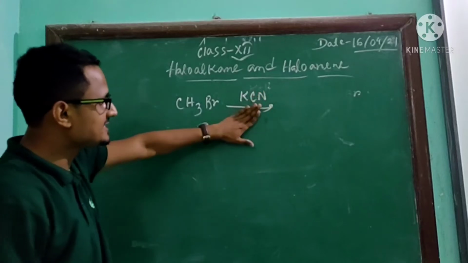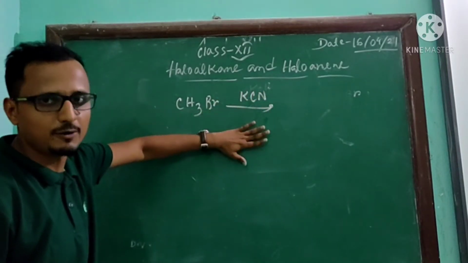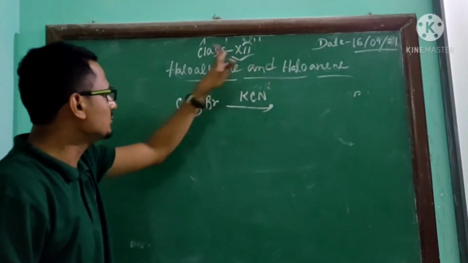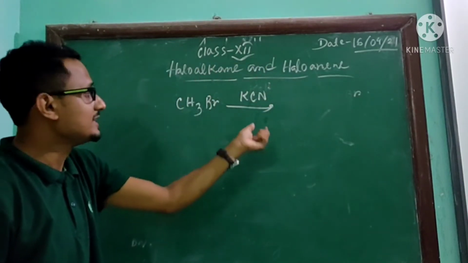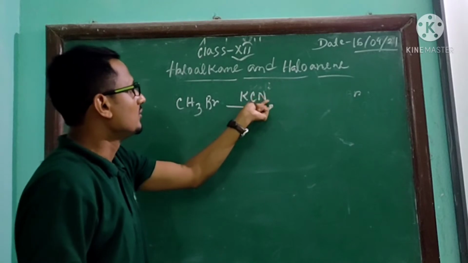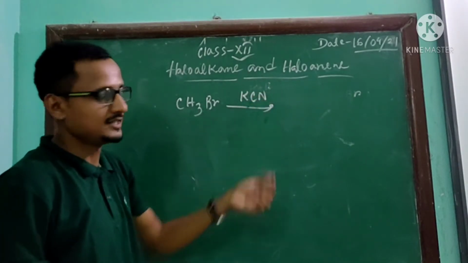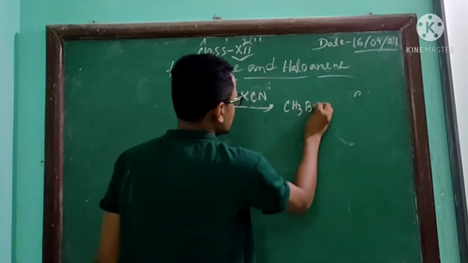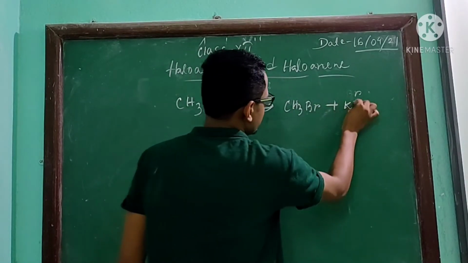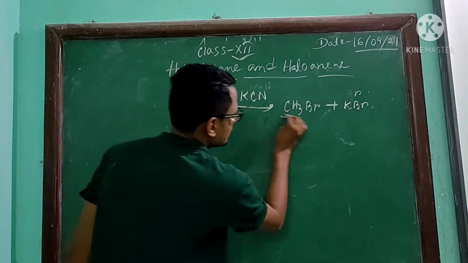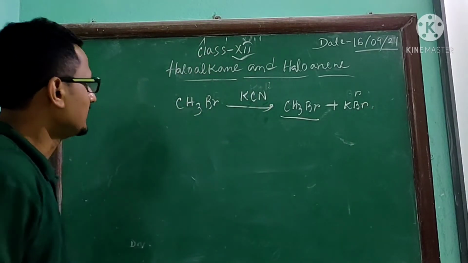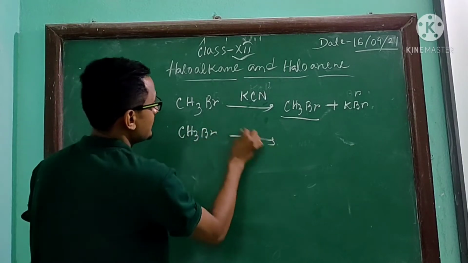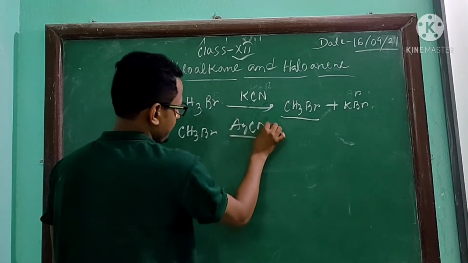As KCN is predominantly ionic, the carbon binds with the methyl group, so you will get CH3CN plus KBr.